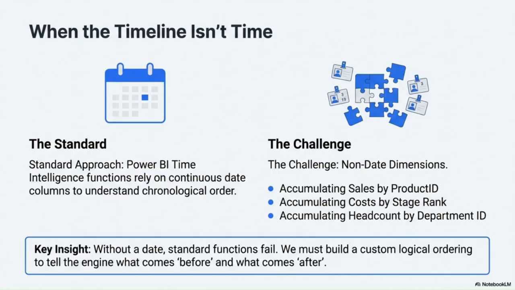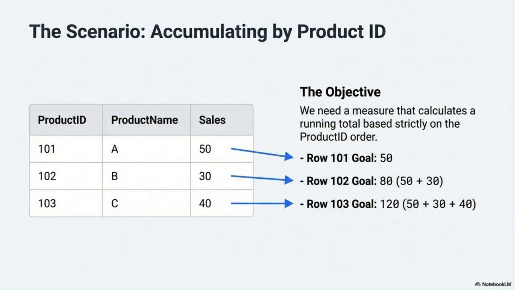A running total is simply a cumulative sum that keeps adding values as we move through a sequence. For example, if sales are 100, 200, 300, the running total becomes 100, then 300, and 600. Normally, this is done using dates, but here we'll achieve it using logic instead of time intelligence.